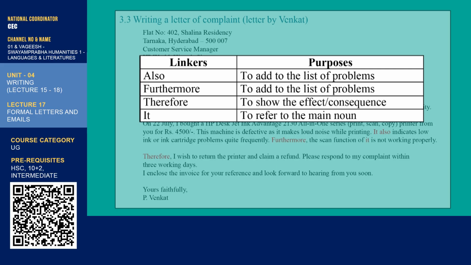The second linker is furthermore. This is also to add to the list of problems. The third linker Venkat has used is therefore. The purpose is to show the effect or consequence. The last marker Venkat used is it. The purpose is to refer to the main noun.